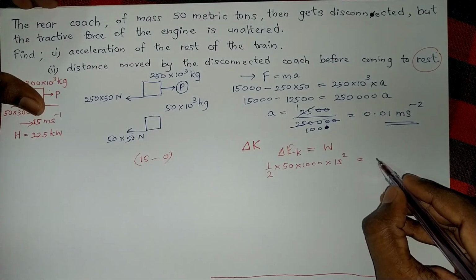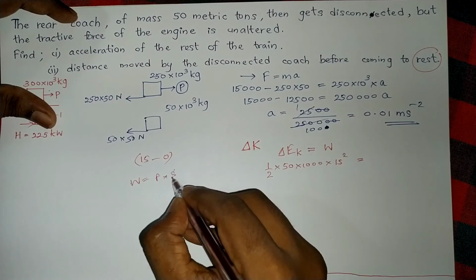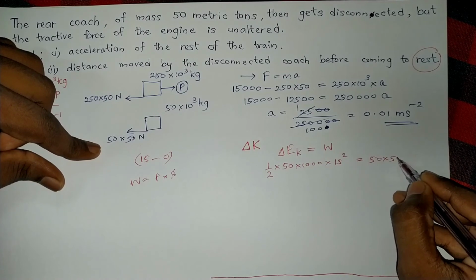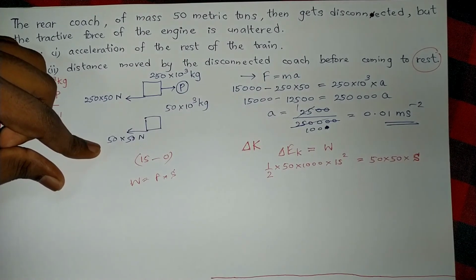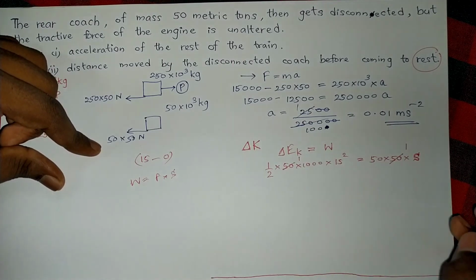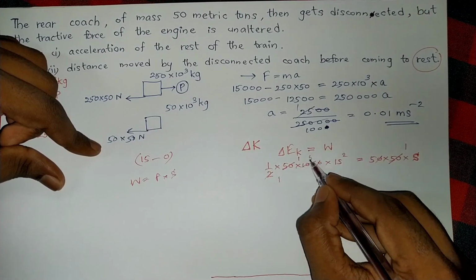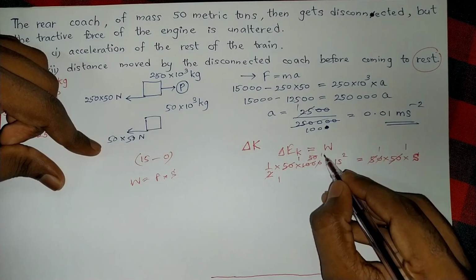So work done is equivalent to displacement into applied force. The applied force is the resistance force into the moved distance, S. Now we can simplify. 50 times 1, 50 times 1, then the zeros get cancelled, 2 times 1, 2 times 50, 5 times 1, 5 times 10.